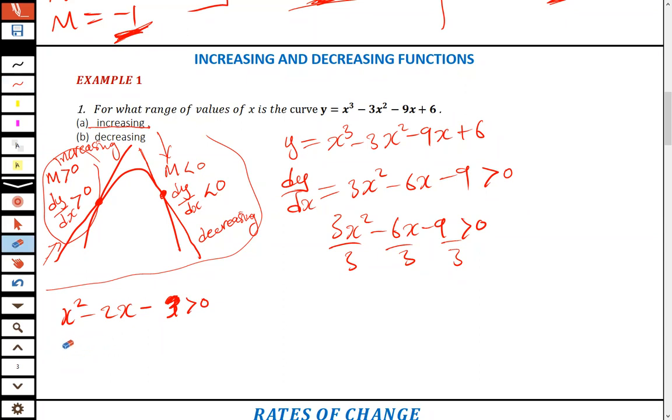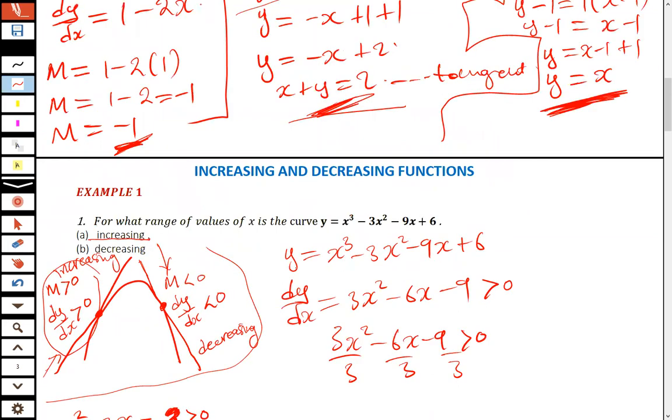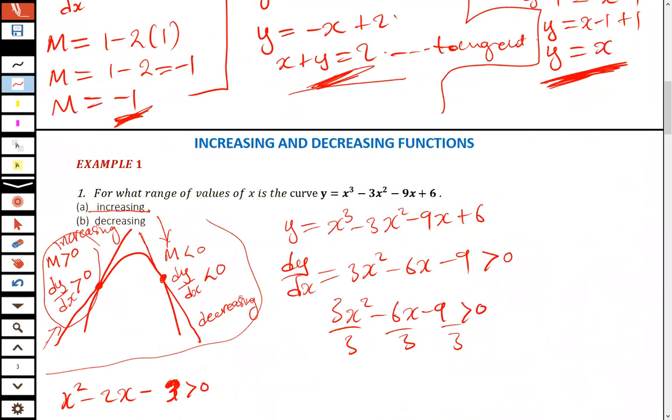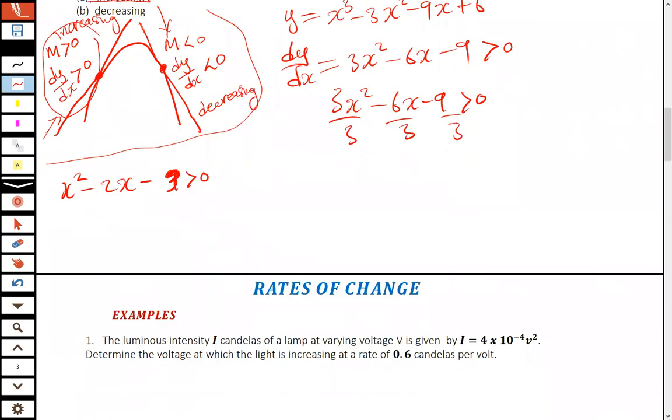If I remember very well, there was something like -1 and 3. We had x is equal to -1 and another x is equal to 3.